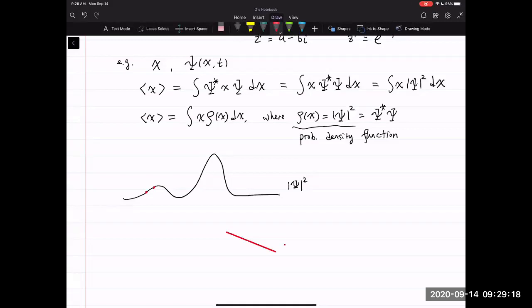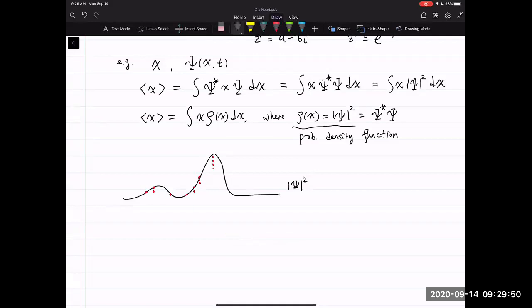The x-axis is the location of the particle, and if you keep measuring multiple times, maybe I should draw multiple times here, it's more likely for the particle to be detected in these locations. So if you measure the location of the particle, you don't always get the same value. Every time is different.